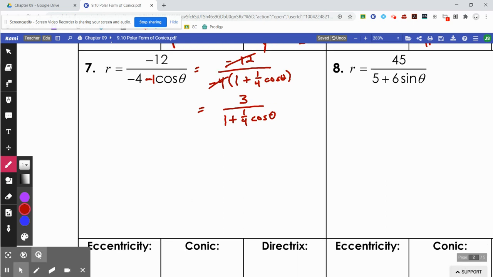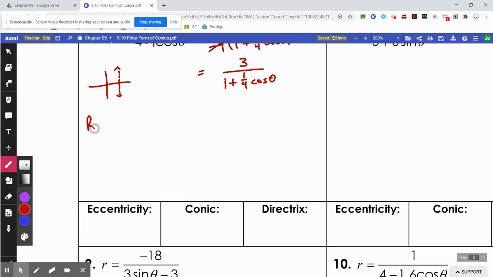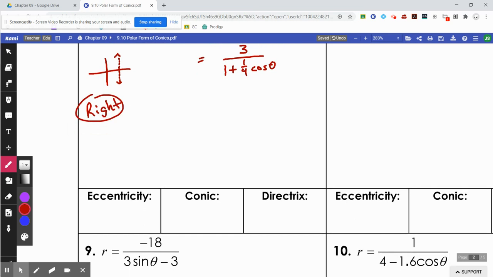Since you have a cosine value, that's going to be a directrix either to the right or left. Since it's a positive cosine, that means that your directrix will be located to the right of the pole. So I'm going to put right of pole. Your eccentricity is always in front of that cosine, so you have a 1/4 for an eccentricity, which means you have an ellipse because it's between 0 and 1.